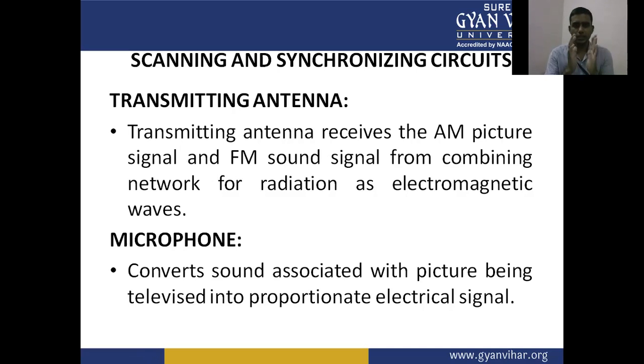So this is the basic fundamental of the transmitting antenna. It combines the two signals by the combining network and radiates them as electromagnetic waves in the air, in the atmosphere.